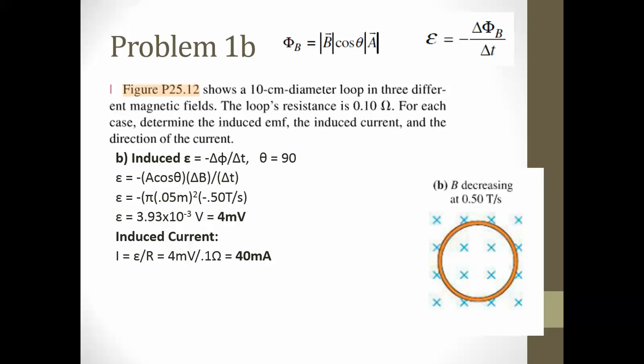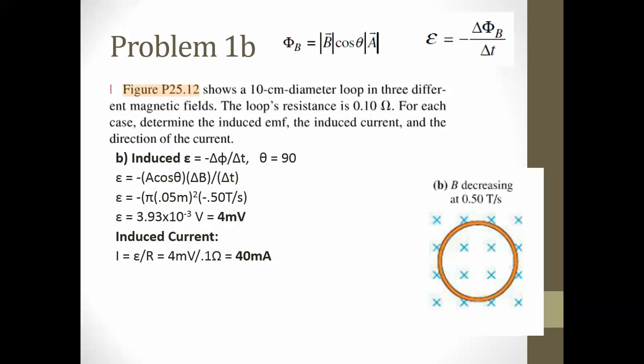Now, for the direction of the current, we have a decreasing magnetic field going into the paper. So if we have decreasing going in, we're going to want to resist that decrease. So our induced magnetic field, opposing a decreased magnetic field, is going to create a magnetic field that goes also into the paper.